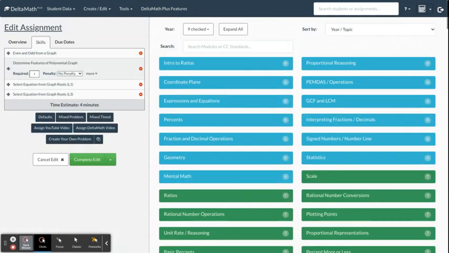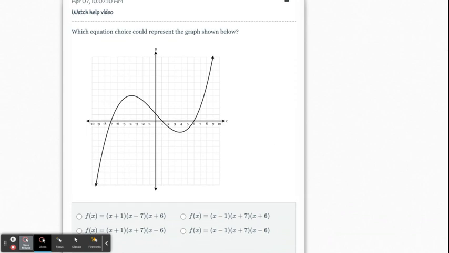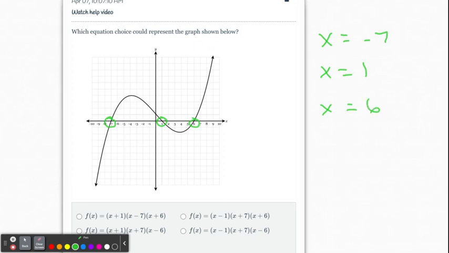So now let's go to the next. Select equation from graphs. Which equation could represent the graph shown below? So what you have to do is find your zeros, your x-intercepts. My x-intercepts on this problem are -7, 1, and 6.